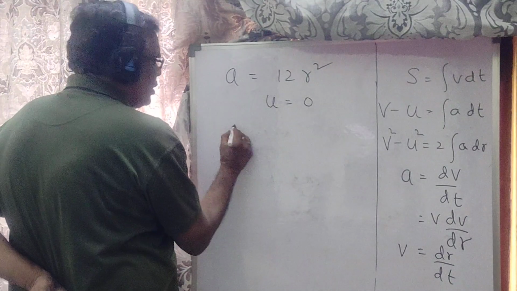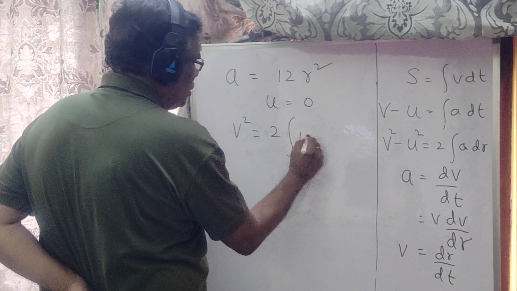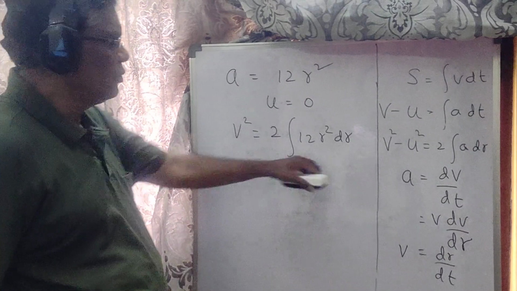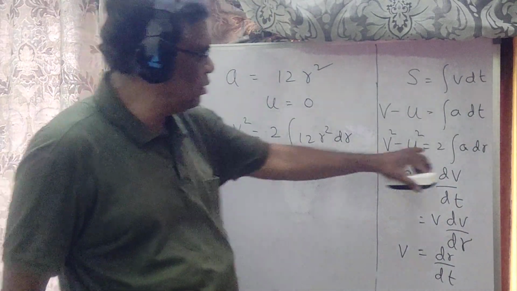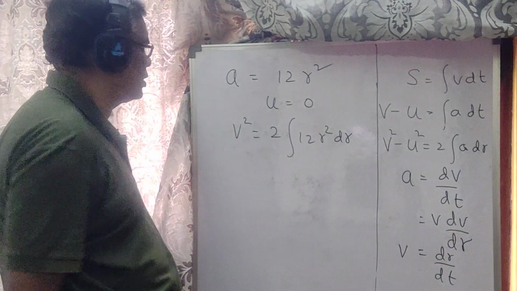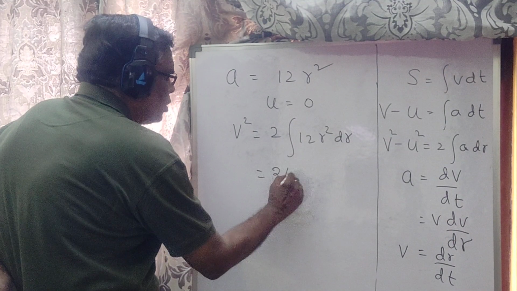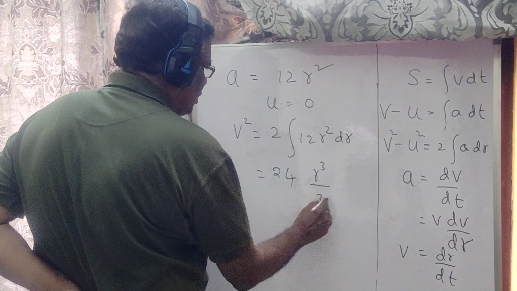So what equation do I use? v square is equal to integral of 2 times 12 r square dr. You already have this equation at your disposal. Directly put a is equal to 12 r square. Now what does this give you? 2 into 12, 24. r square dr is r cube by 3.